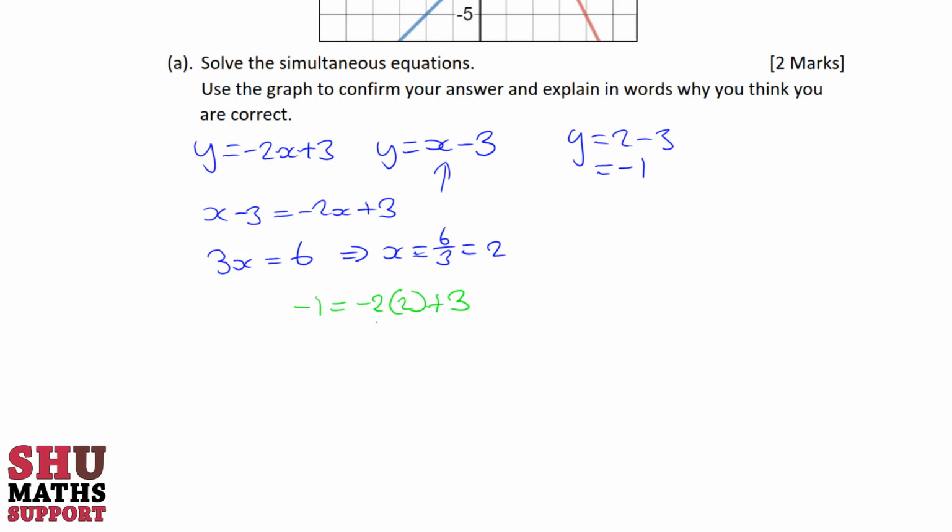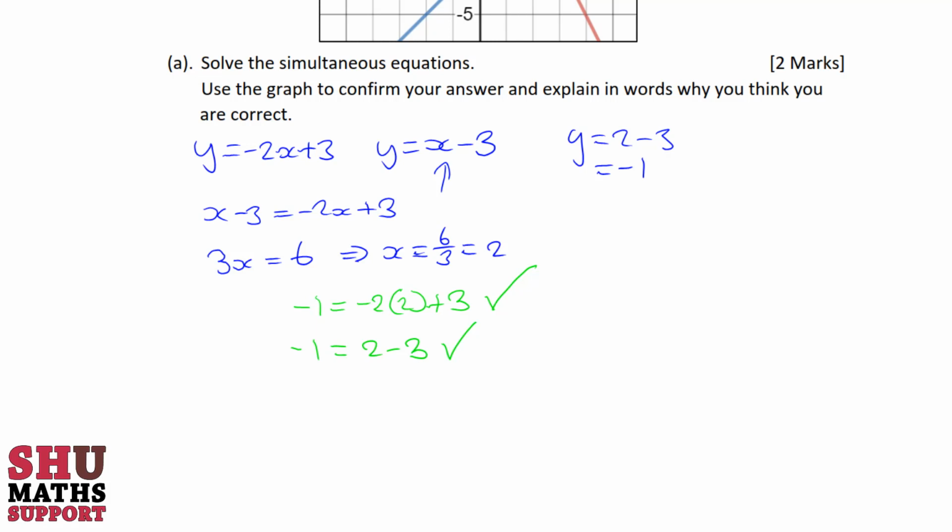So let's just check that's correct. We have minus 2 times 2, which is minus 4, plus 3 is indeed minus 1. So our solution is correct for the first equation. And the second equation, we have minus 1 is equal to 2 minus 3, which again, 2 minus 3 equals minus 1. So we know our solutions are correct for the second equation.